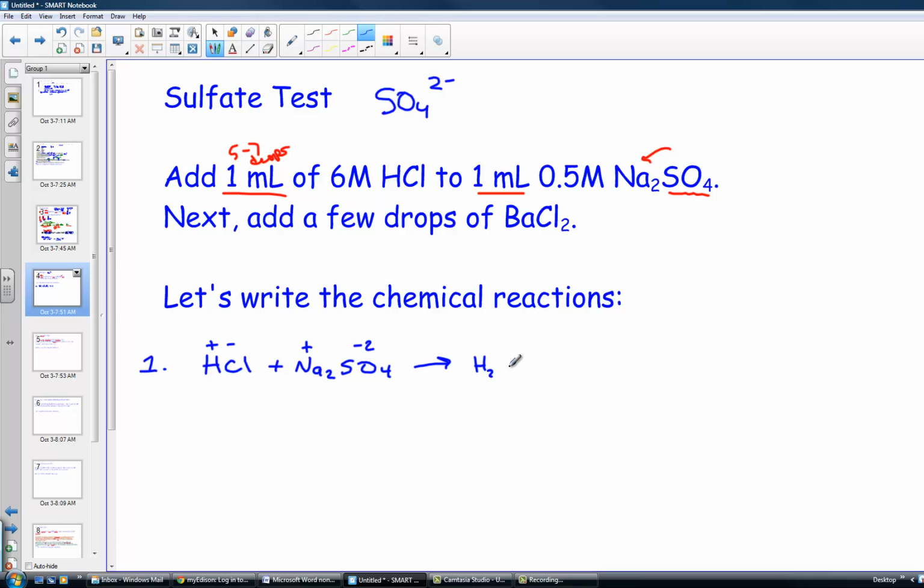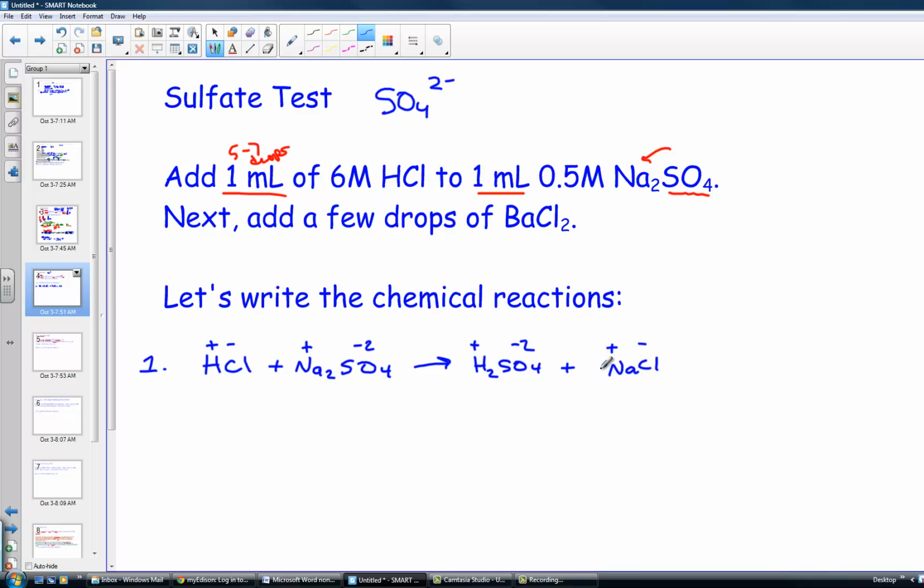So when I write H hooked to sulfate, I know based on charge, it's a +1 and -2, so we get H2SO4. And when sodium goes to chloride, we get NaCl. And based on charge, there's just 1 ion of each, a +1 to a -1.